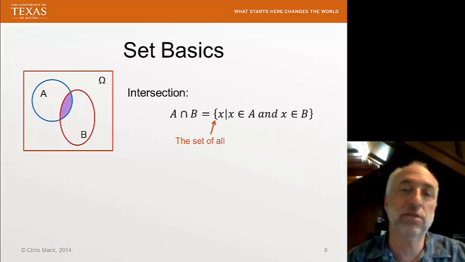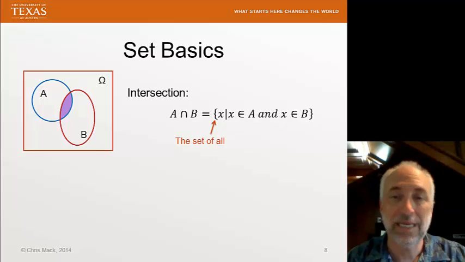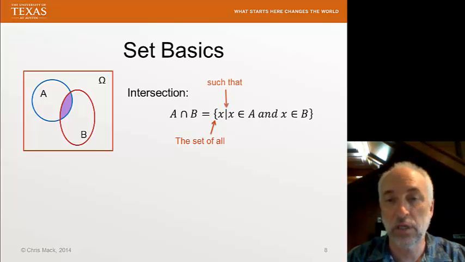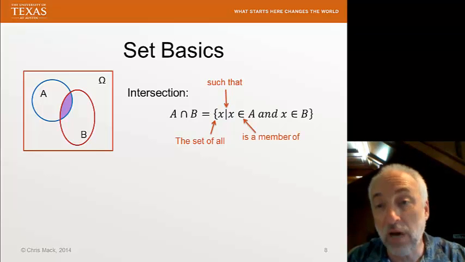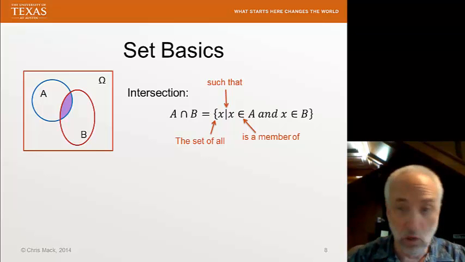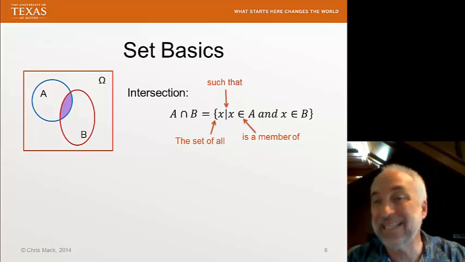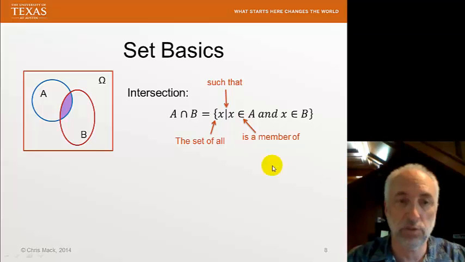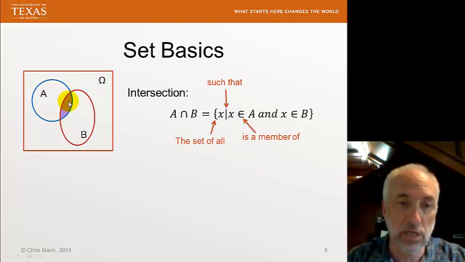So the intersection of A with B is the set of all x such that x is a member of A and x is a member of B. So intersection is an ANDing operation. And of course we can visualize it very easily. Here are all the outcomes that are both members of A and members of B.